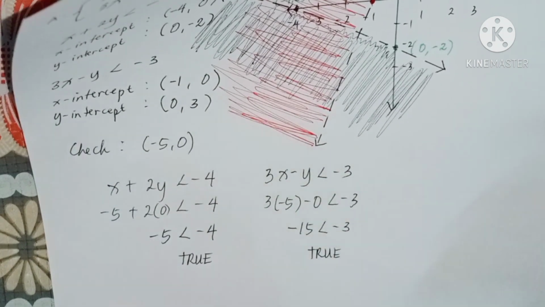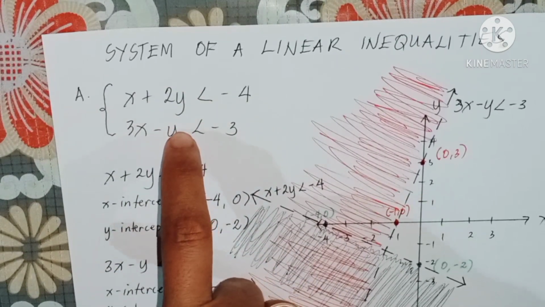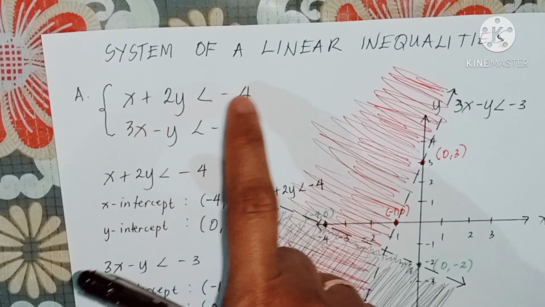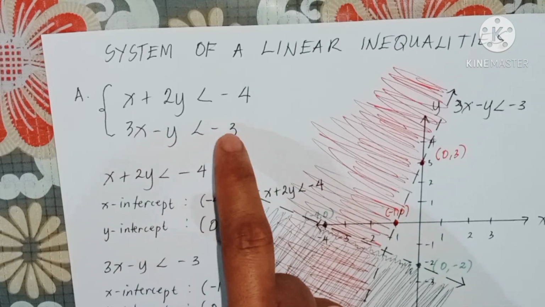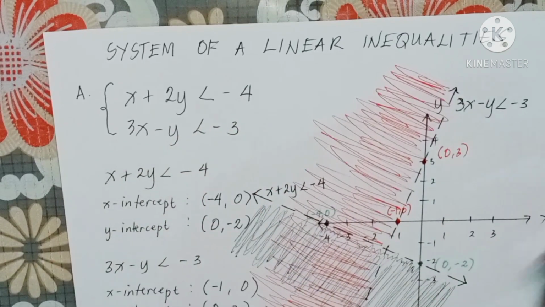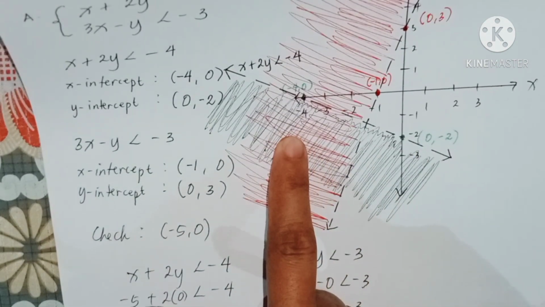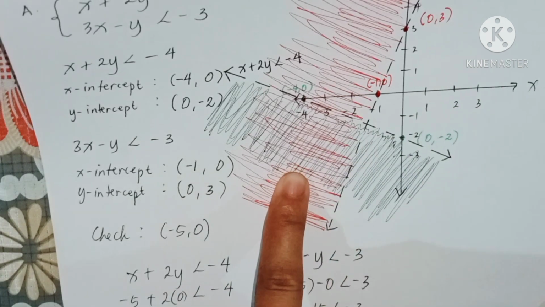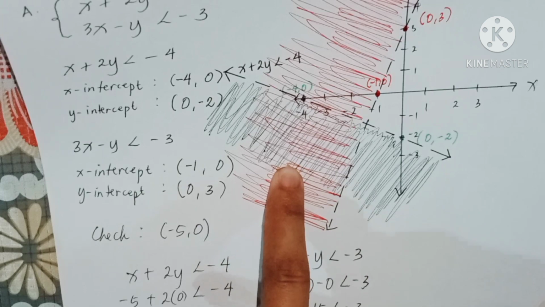So it means that the system of linear inequalities x plus 2y less than negative 4 and 3x minus y less than negative 3 is true on negative 5, 0. So, by graphing, you can show that there is a double shaded region.